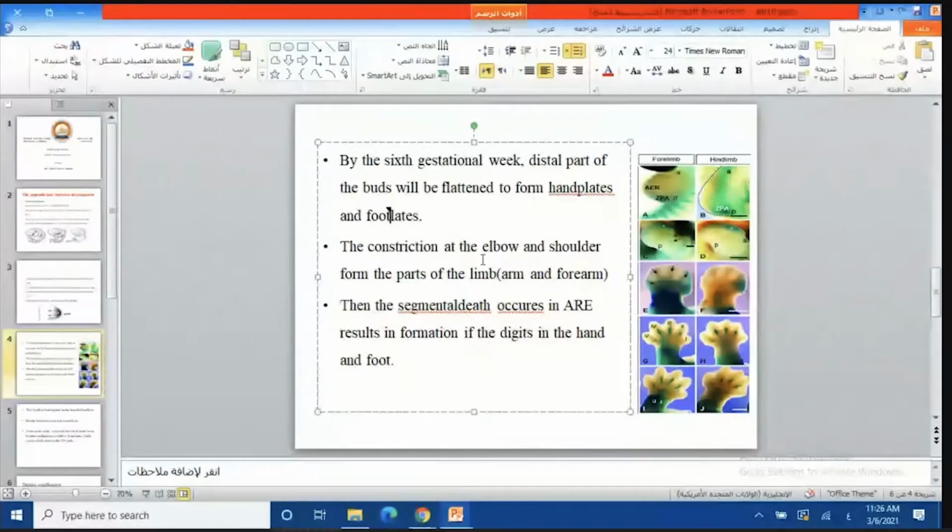And segmental death will occur in the 6th week also, after the formation of these flattened structures, the hand plates and foot plates. There will be apoptosis, or segmental death, in this apical ectodermal region, and it will result in the formation of the digits in the hands and feet.